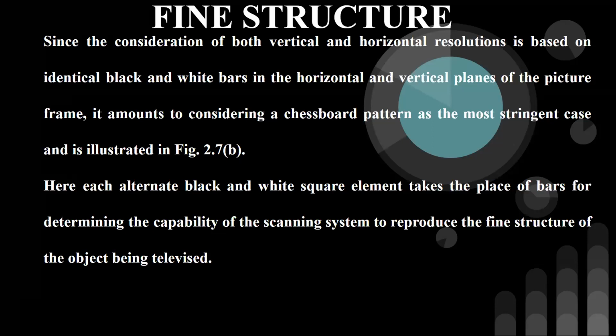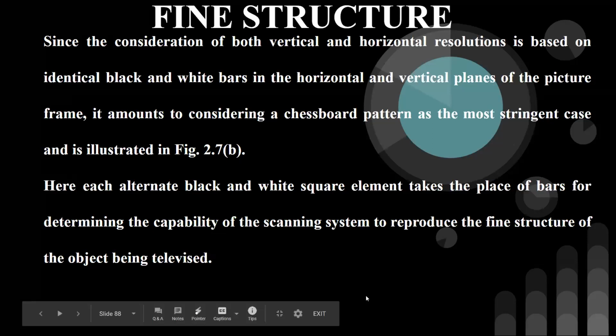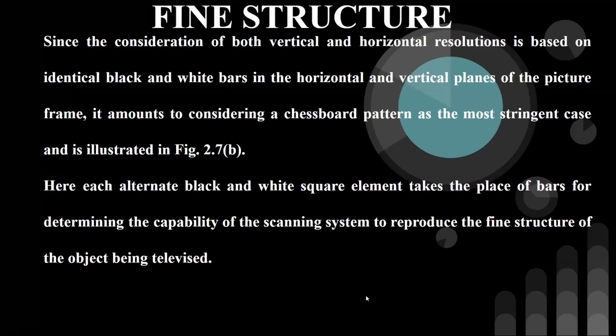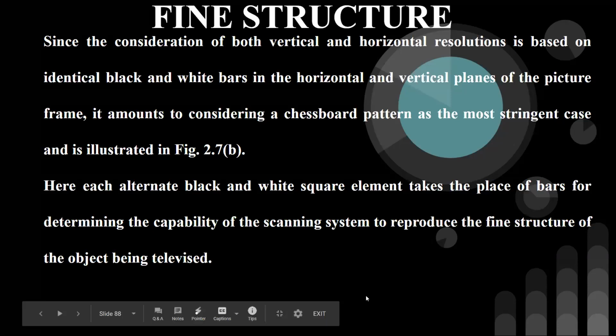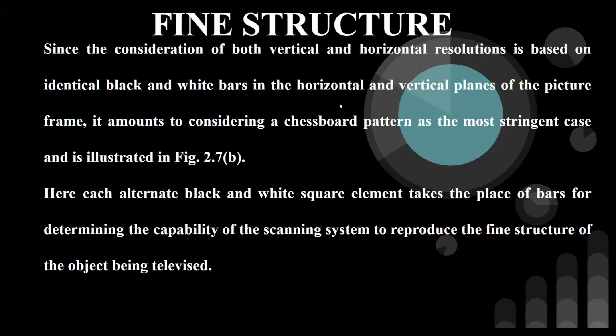So the system must be designed to handle the bandwidth that extends up to that frequency. In addition to the TV channel bandwidth, it must be large enough to transmit a modulating frequency up to 5 megahertz.